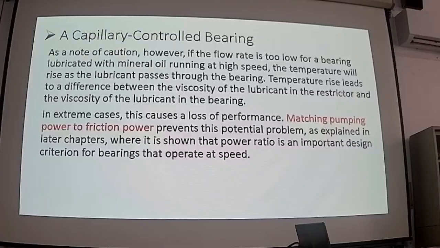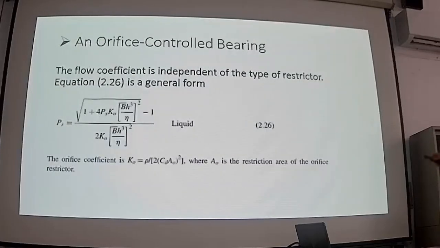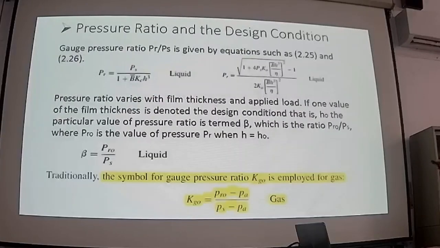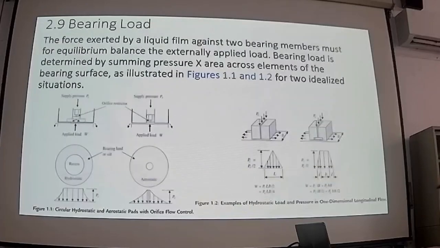So for a traditional hydrostatic bearing, usually the commercial product is designed with the capillary restrictor or the orifice restrictor. And for the slot restrictor, it never exists in commercial products.